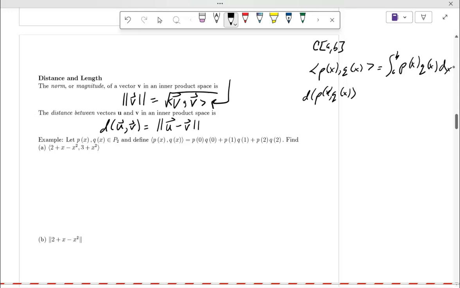This will be the integral from a to b of p minus q squared, and then take the square root, right? Because the definition is subtract the two vectors and then take their length. That's the definition of distance. So I subtracted the two vectors and then took its length. Well, the length is the square root of the inner product with itself.